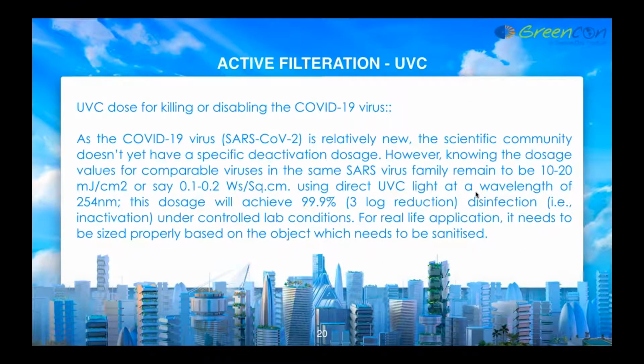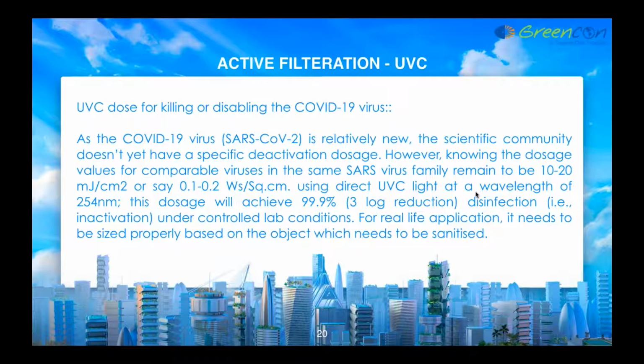So what is the right dosage size? Well, the COVID-19 virus is comparatively new, and there are no known studies done for COVID-19. But SARS and MERS occurred long back in 2012, 13, and there are a lot of studies done. And the novel coronavirus is also considered of the same family.